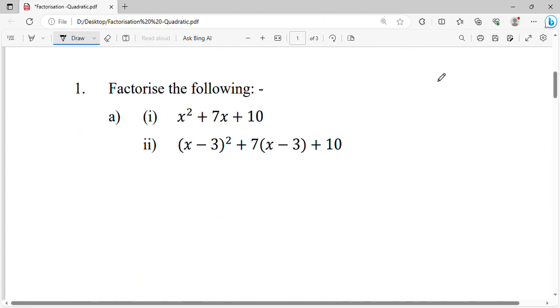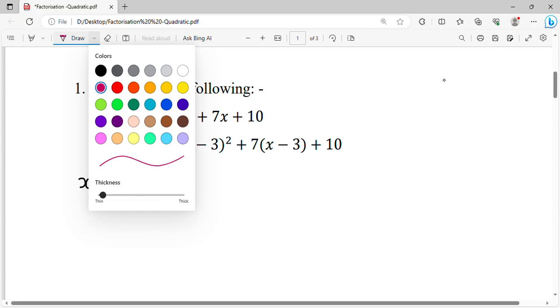So if I look at the first question, which is nothing but a quadratic factorization, x squared plus 7x plus 10, what I'm going to do is find out what the coefficients are. You will see if there is no coefficient, it is nothing but 1. Alright.